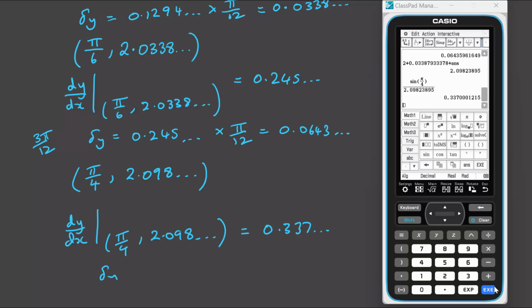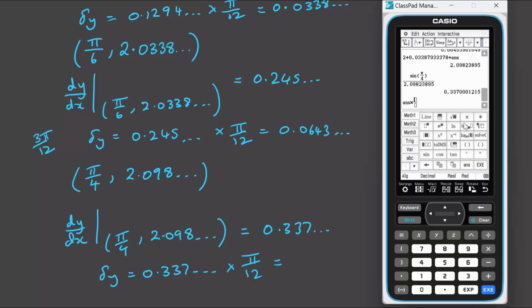Our delta y is going to be that multiplied by pi by 12. So let's multiply that by pi divided by 12, and we get 0.088.